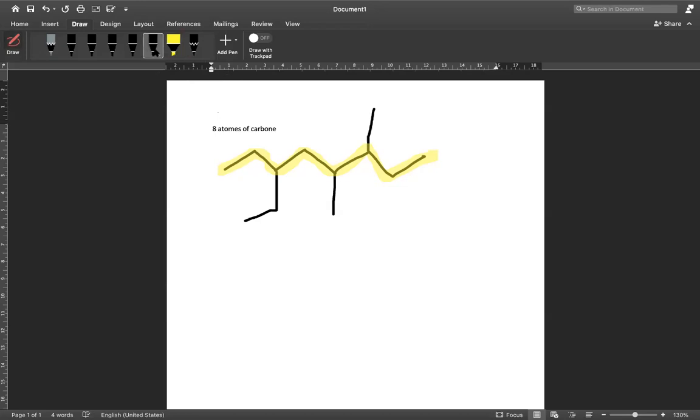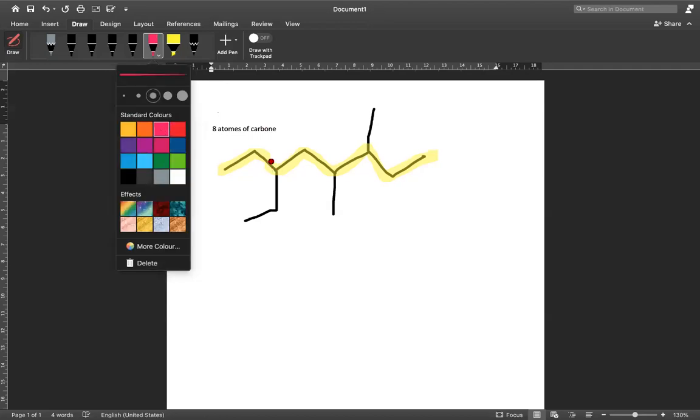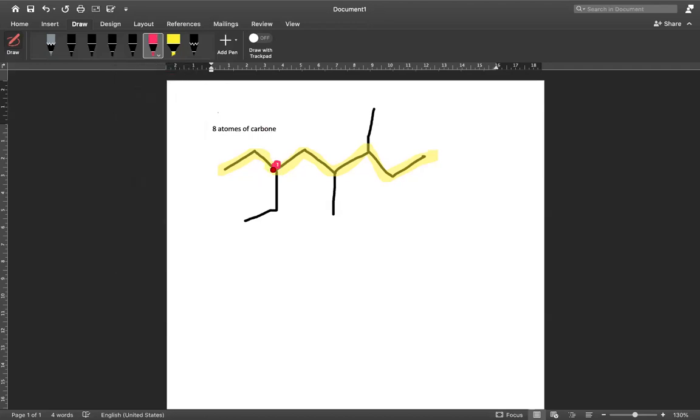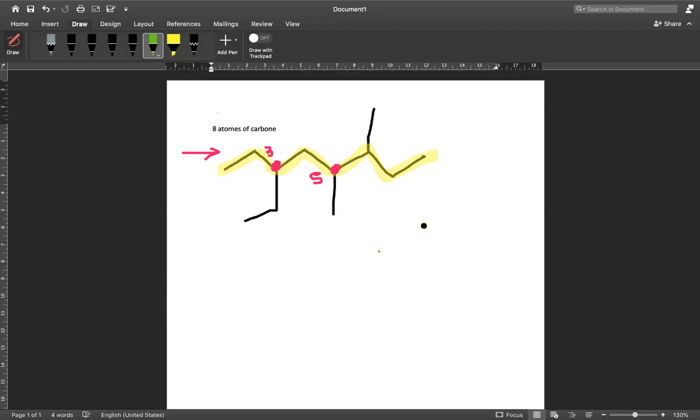Let me get a color to show you the index. I'll use 2 colors. This is position number 3 in this direction: position number 1, 2, 3, then 4, 5. Then we change color for the other direction. Esther, please get me right on this one.